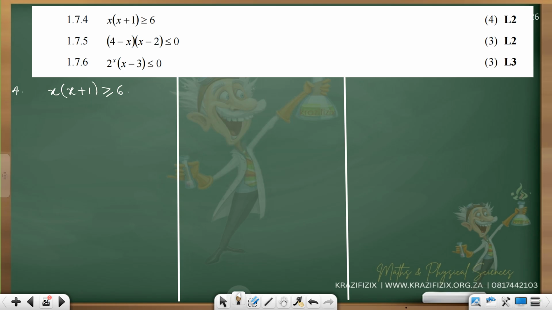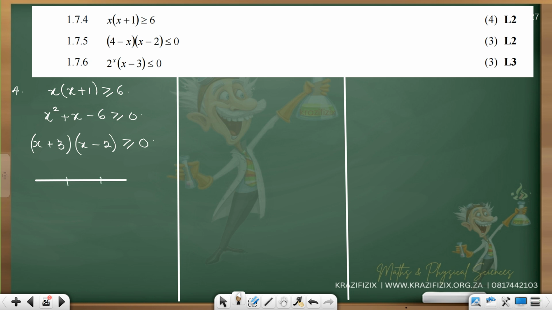All right, I'm sure you are done. x squared plus x minus 6 greater than or equal to 0. We factorize as quickly as possible. What are we looking at here? 3 and 2 should work. Now what are our critical values?